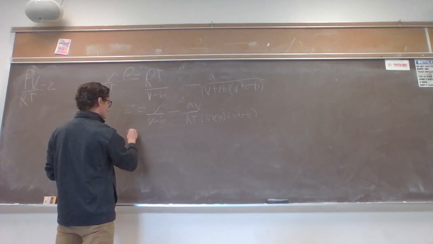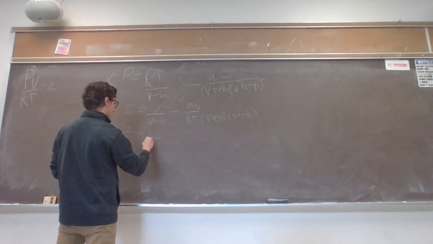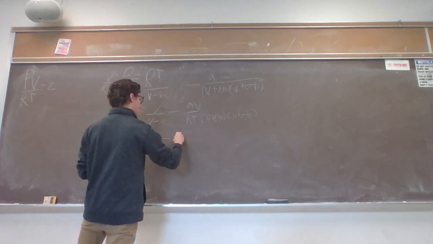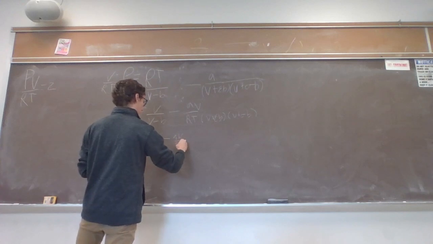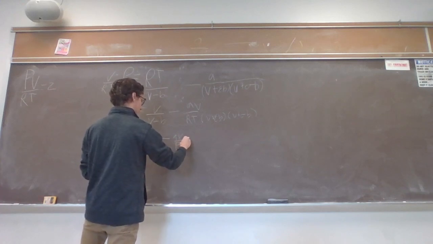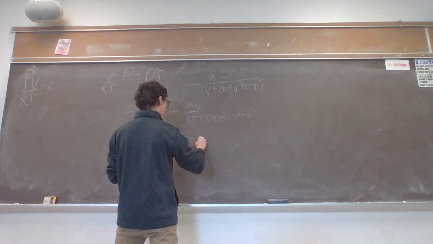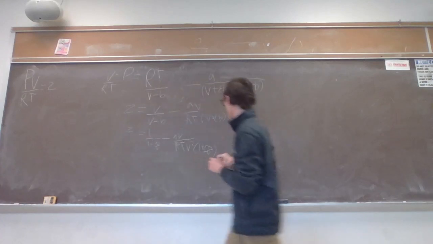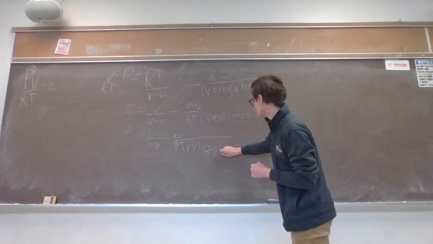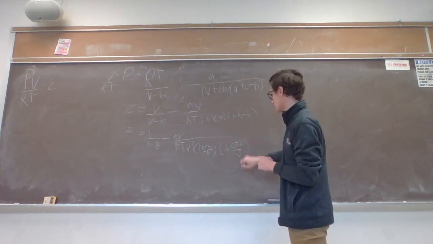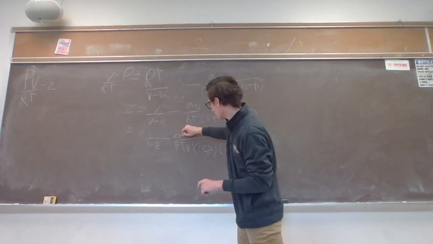So we're going to have Z equals 1 over 1 minus b over V, minus aV over RT, and we're going to factor out this V. So it's going to be V squared times 1 plus epsilon b over V. Now we're going to repeat that step with sigma, 1 plus sigma b over V. As you can see, our V's here will cancel.